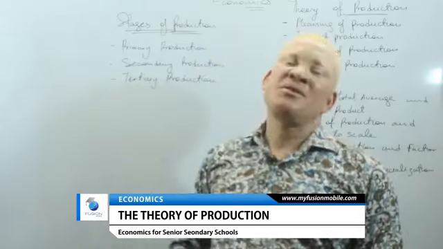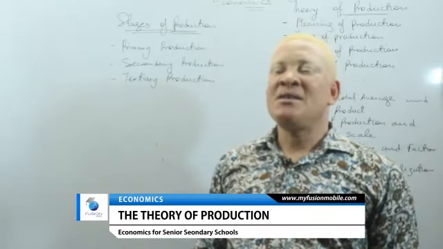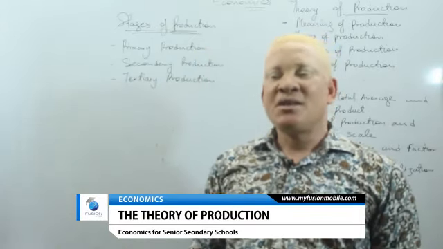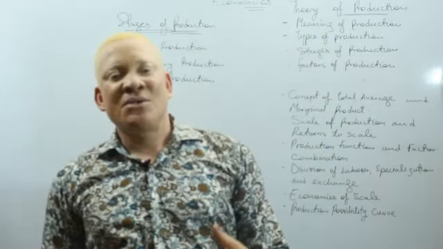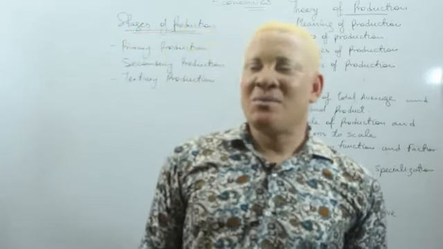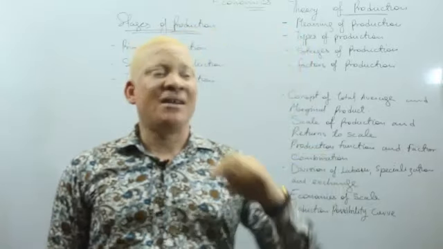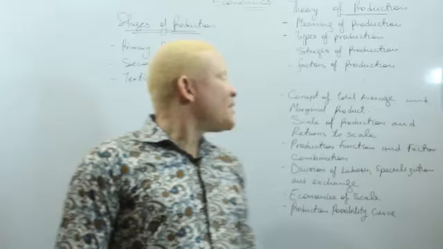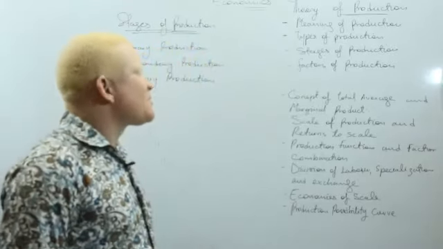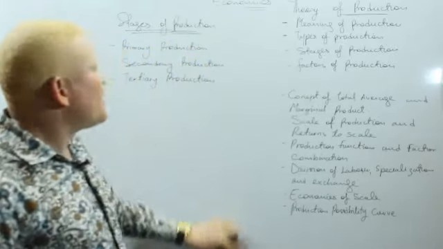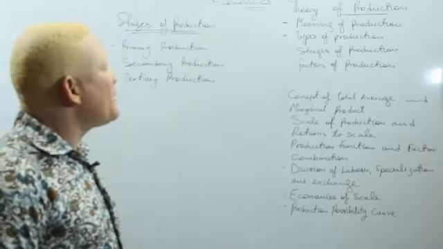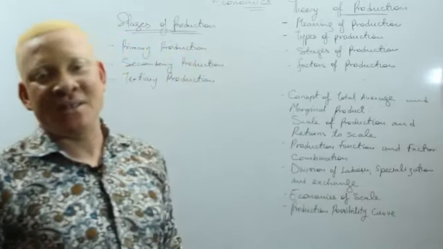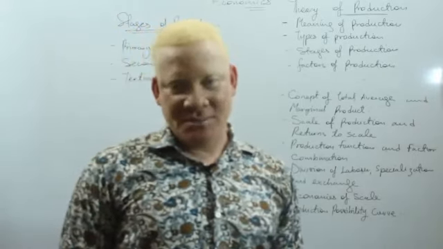Now, the tertiary production, therefore, looks at the different services which ensure that the goods produced get to the final consumer, since production, like we said earlier, is not complete until goods get to the final consumer. Then, the activities that could be involved here include commercial activities, distributive activities, and trade.